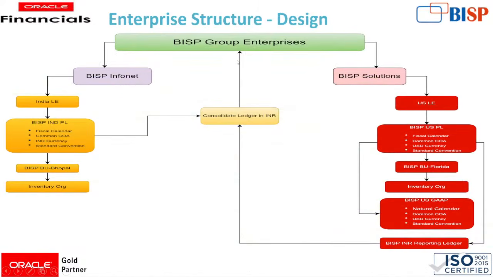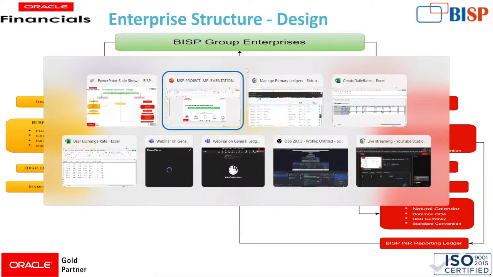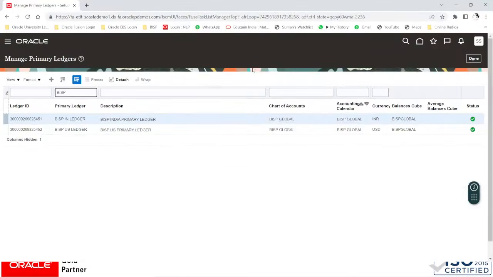and as you can see in the enterprise structure in the BISP group, BISP solution, we will create one BISP INR reporting ledger, right? And we will consolidate that ledger by grouping that ledger, right? So let us create the reporting ledger in the application.